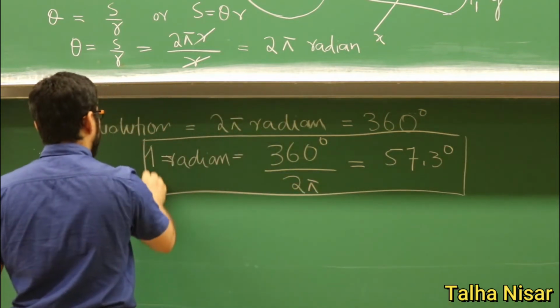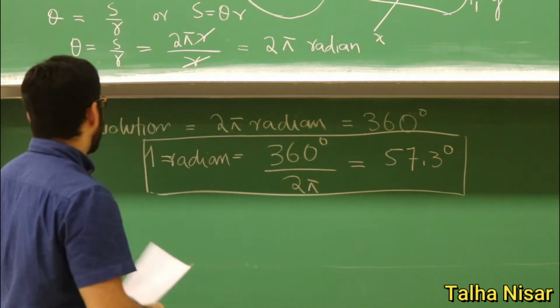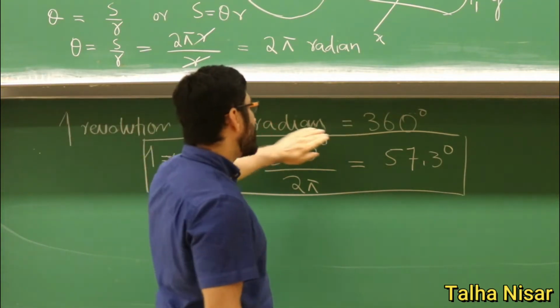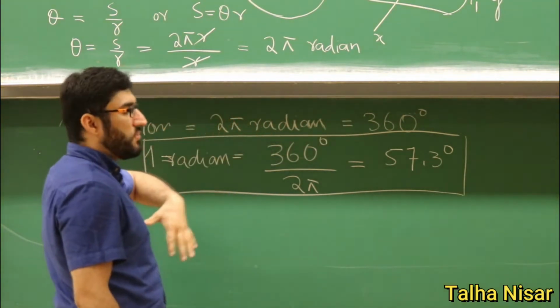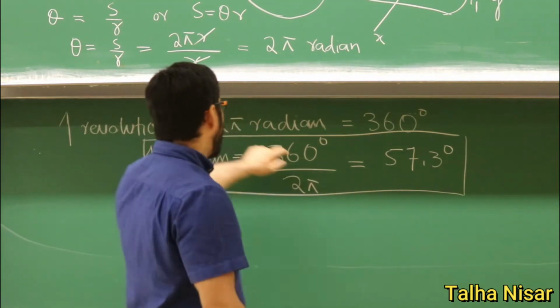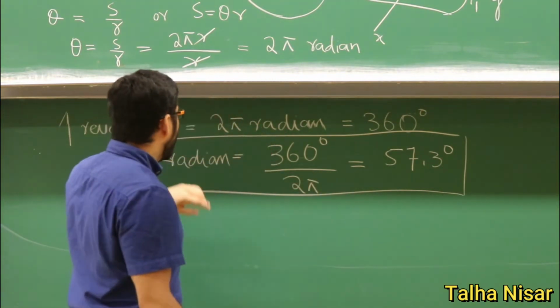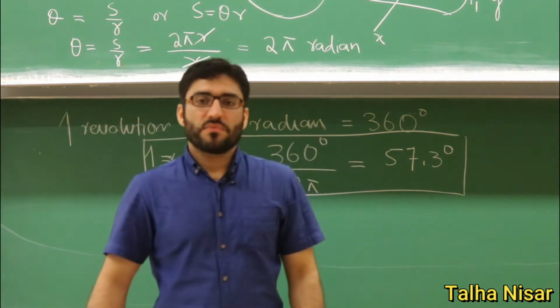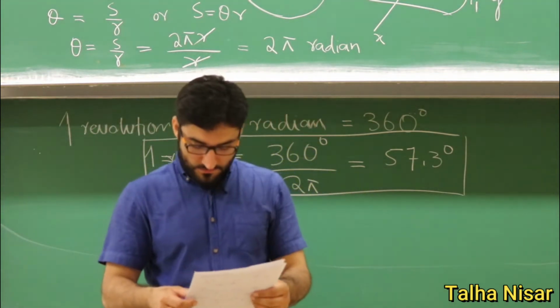So this is how we define 1 radian. For 1 complete circle, we have 360 degrees, and in radians we have 2 pi, but 1 radian is equal to 57.3 degrees.